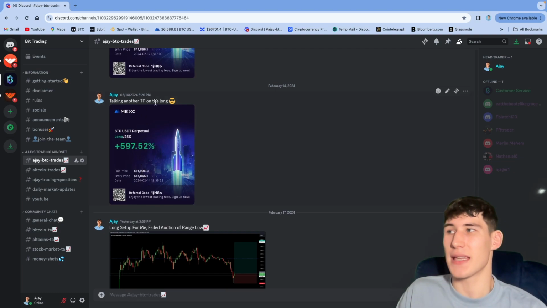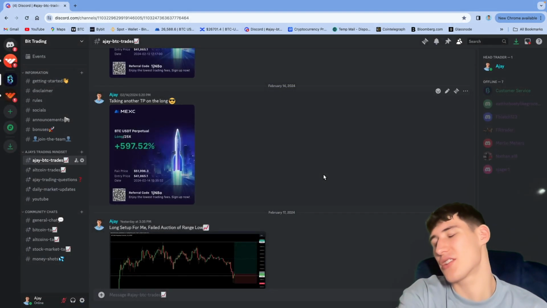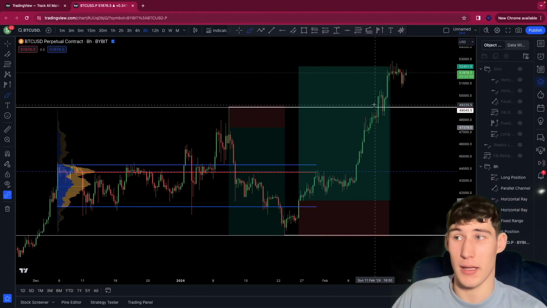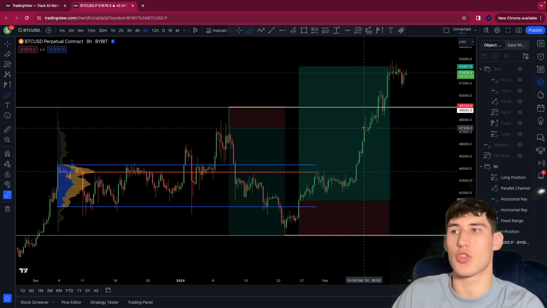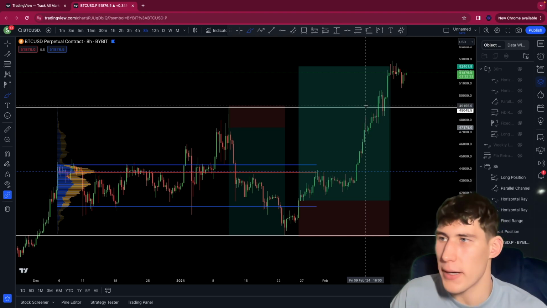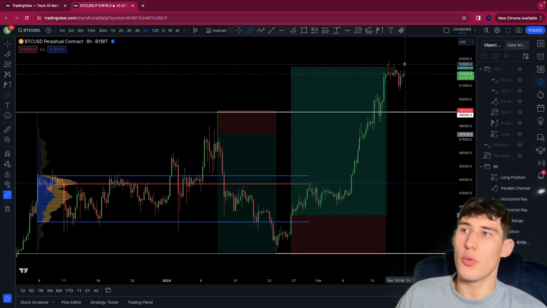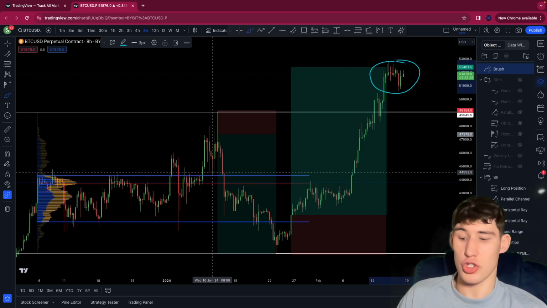As you can see, taking another TP on the long at 597%. So this has been an extremely profitable trade for the team here at Bit Trading, and for myself as well, because I am trading every single one of these trades. So you have the exact same scenario that we are seeing in this area right here, but on a larger scale.